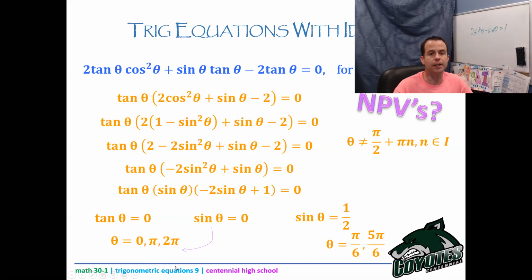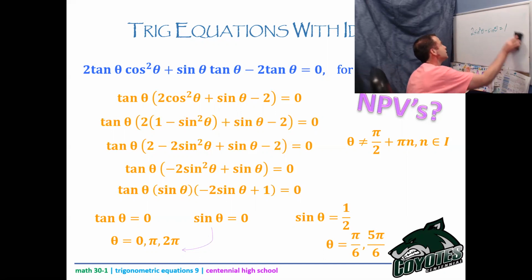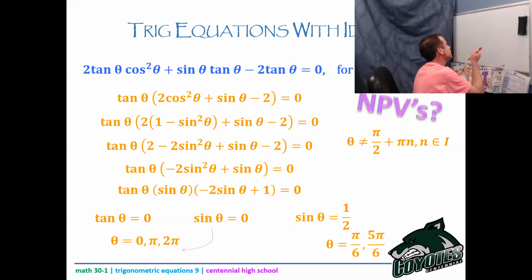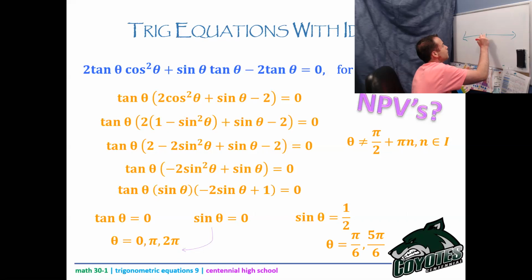Now I have to think about the wonky domain. I think the easiest way to deal with this wonky domain is to think about it from a number line perspective. So here's a big old number line. I know that my answers right now are 0, pi, 2 pi, pi over 6, and 5 pi over 6.